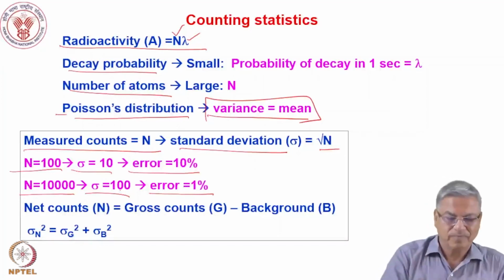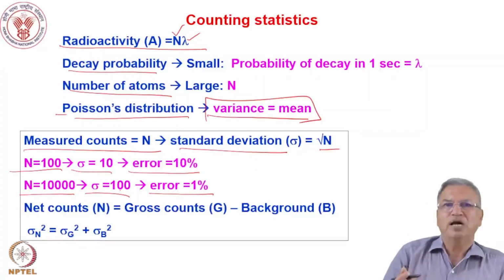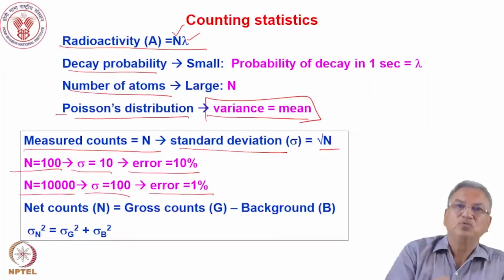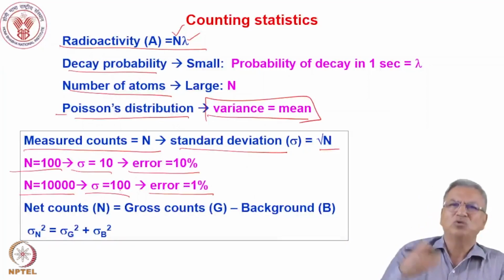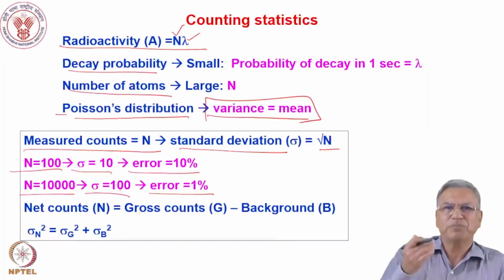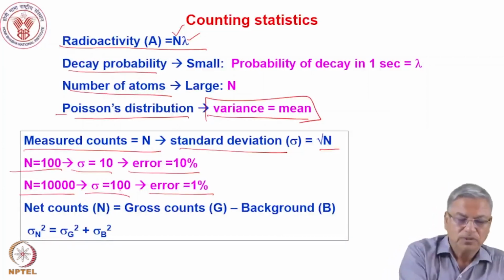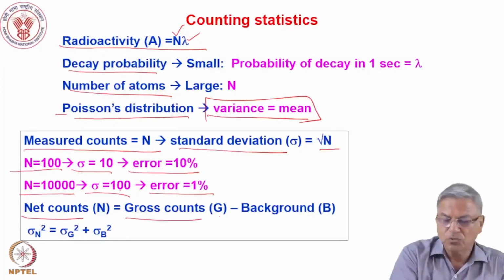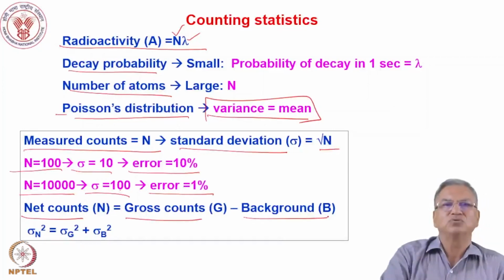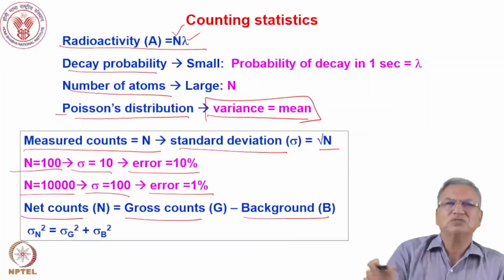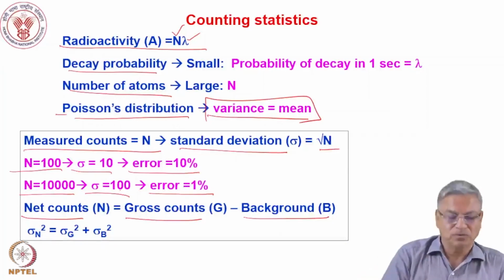Many a time, your detector system will have a background also. So when you are counting a sample, it will also have background, and you have to subtract the background. Without the sample you count, you get background. So you put the sample, you get a count, you remove the sample and you just count the background.